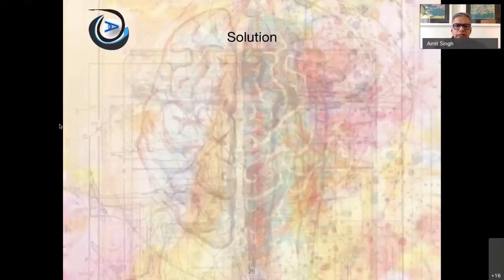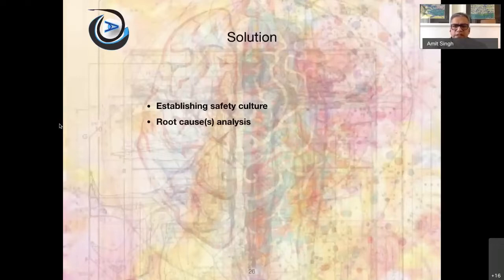The solution lies in establishing the safety culture. So that is encompassing everything. Reporting culture, informed culture, flexibility. The root cause analysis. So it is not one cause, which was the terminology a few years back. It is root causes. So there are multiple reasons.